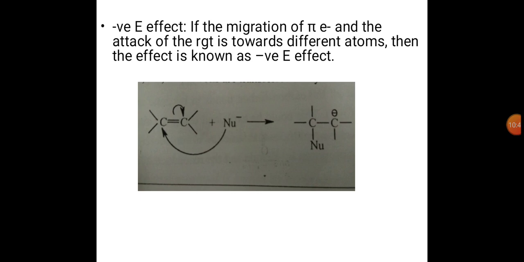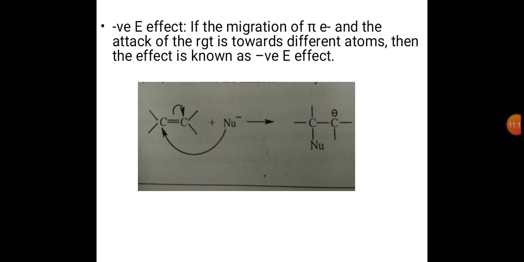So in this example, we see the pi electrons are moving towards the first carbon atom, and so the first carbon atom is negative in charge. I mean to say it is rich in electrons, and now the attacking reagent, a nucleophile, which is also rich in electrons, does not attack the first carbon.